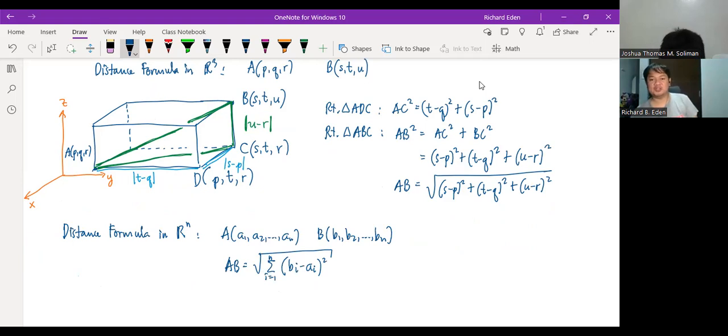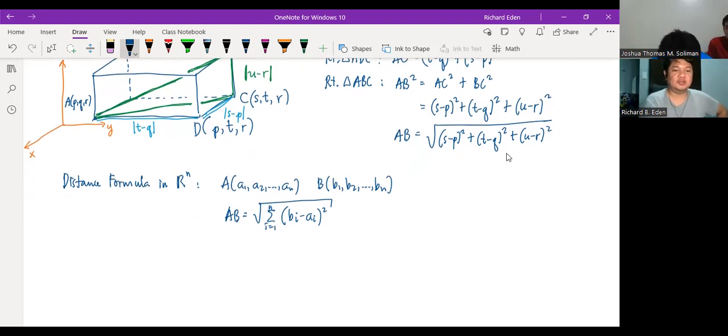You are familiar with sigma notation, right? Summation notation. I ask because it's something that I realize I haven't been using very often. All right. So i runs from 1 to n, (b sub i minus a sub i) squared.